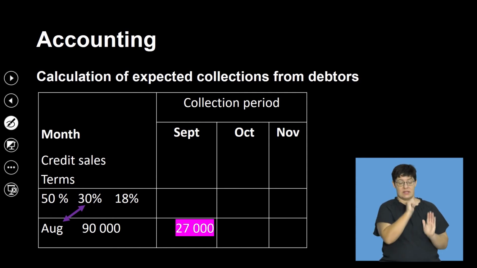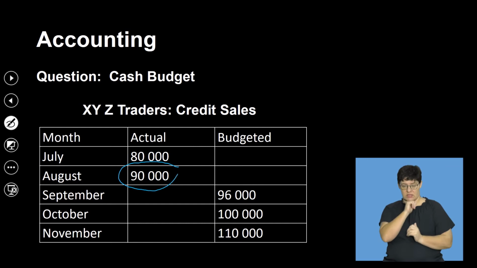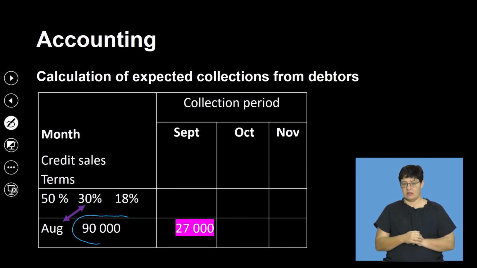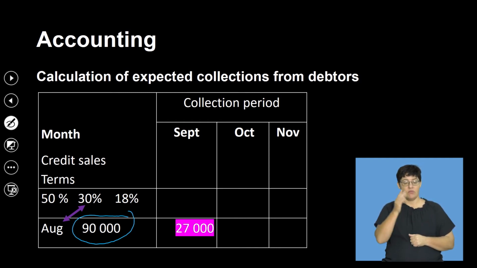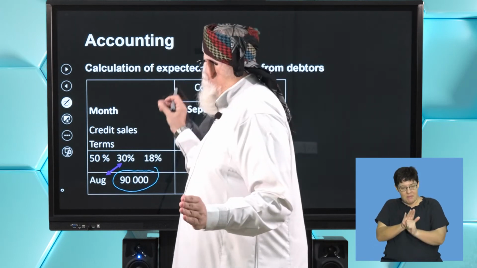Step number 1, identify your August credit sale. It is 90,000 Rand. And yes, you can see we actually put it into our debtors collection schedule. So we know now which figure we are working with. The credit sale for August. Clear? Okay. Now, August, how is August impacting on September?